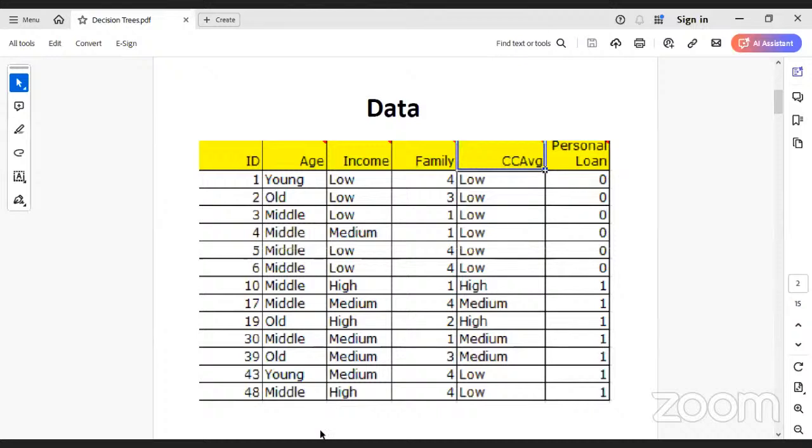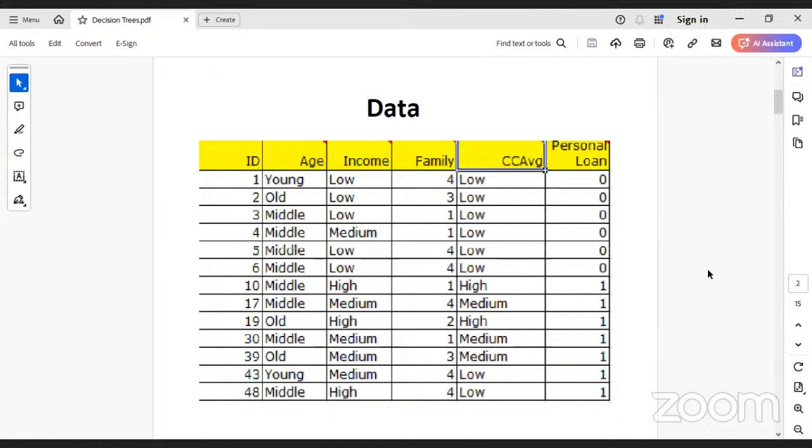Even if we get the same attribute, the data is not the same: in the first category we have only records that are middle, in the third category of family we have only two records which are young, no old, and in category 4 we have 6 records, of which 4 are middle and 2 are young, with none under old. So the data is different.